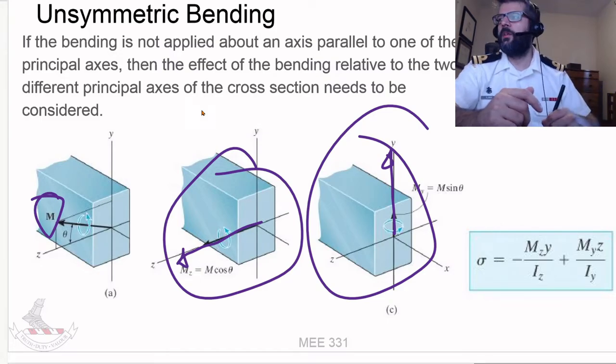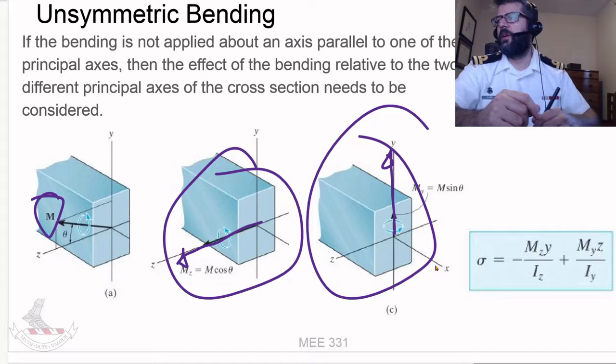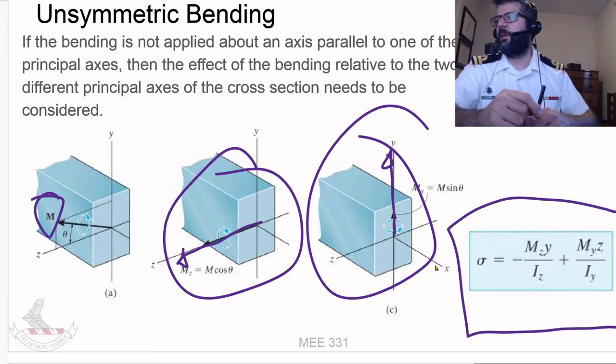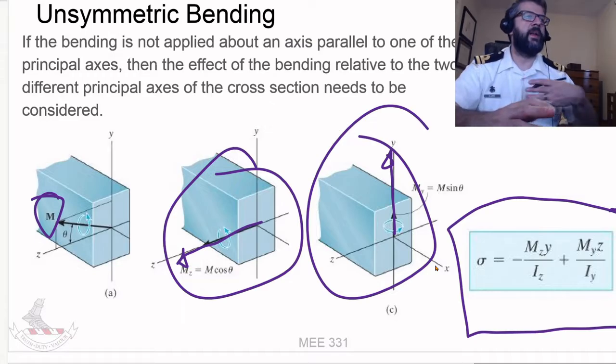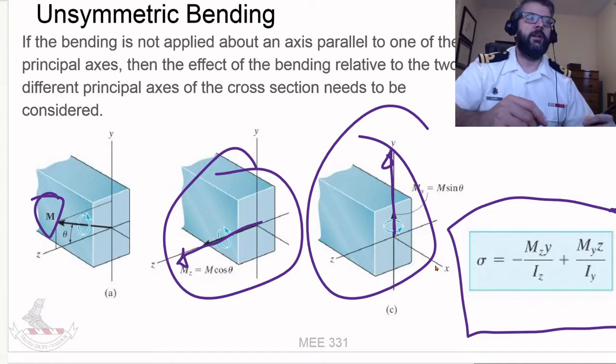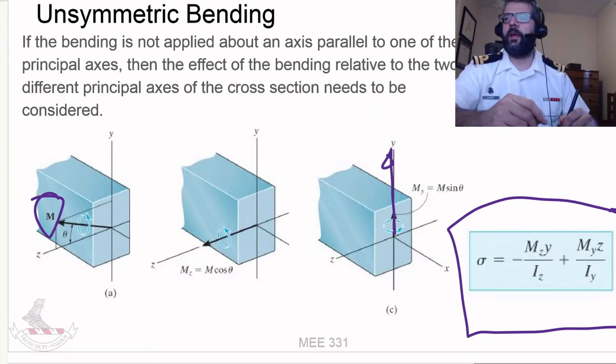So yeah, we just combine those two effects, and that will give us the stress level at any point on the cross section.